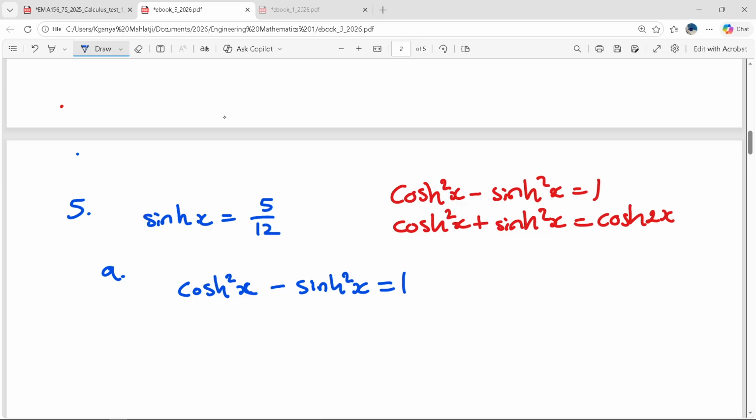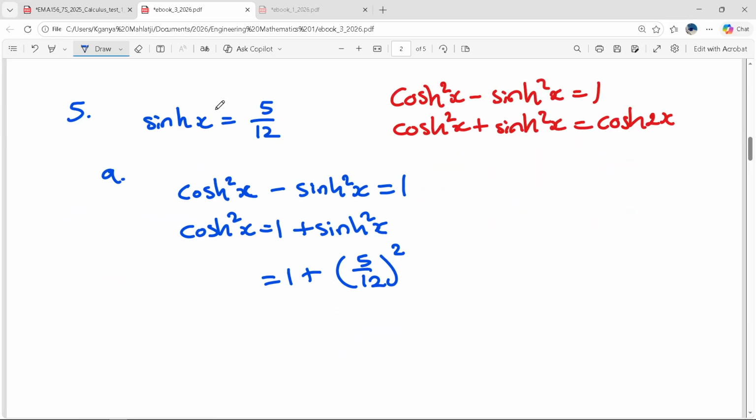Let's see what we have here. Cosh squared x equals 1 plus sinh squared x. For here you'll have 1 plus, you can substitute 5 over 12 and square it, because the given value is not squared.